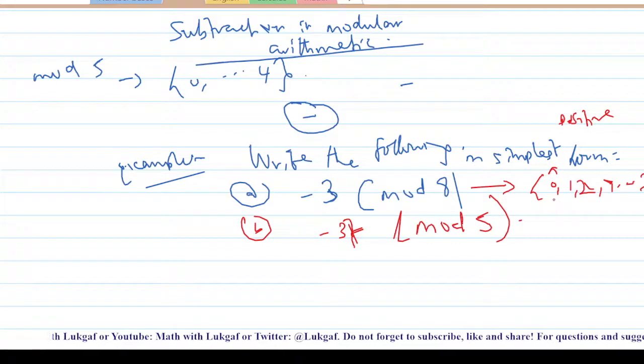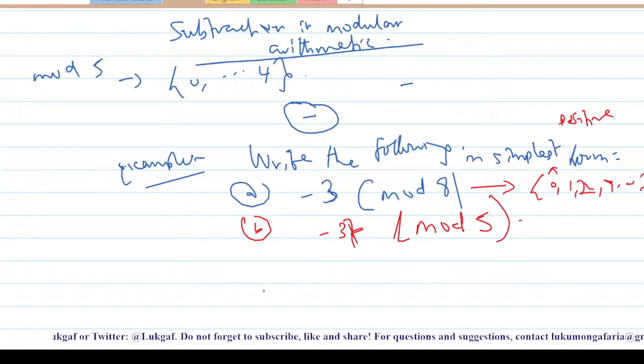So it is possible, especially when you have a negative difference, that is when the number you are subtracting is larger than the number you are subtracting from, that you are going to have a negative difference. So how do you now tackle that?